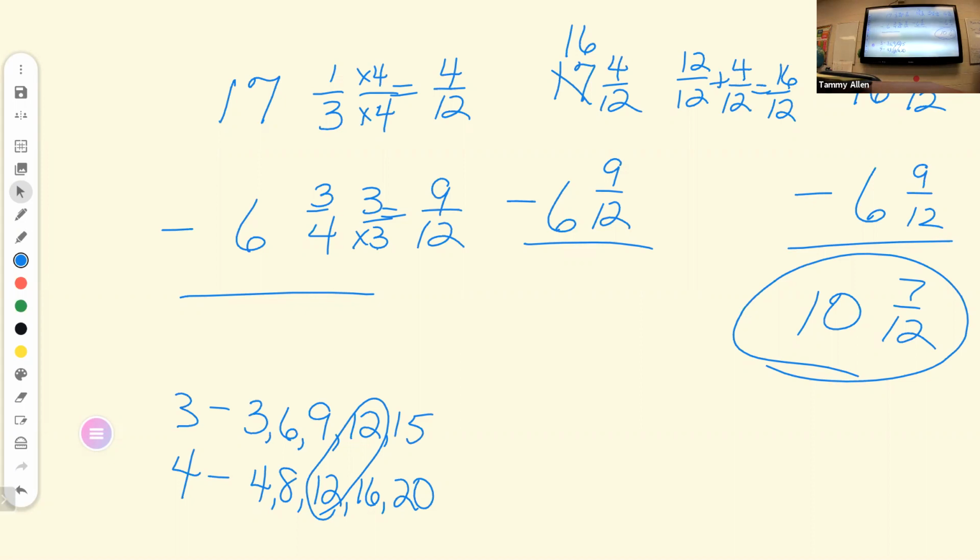Let's take a look at our booklet, page 393. On 393, you're doing estimate first and then the actual in 2 through 6.